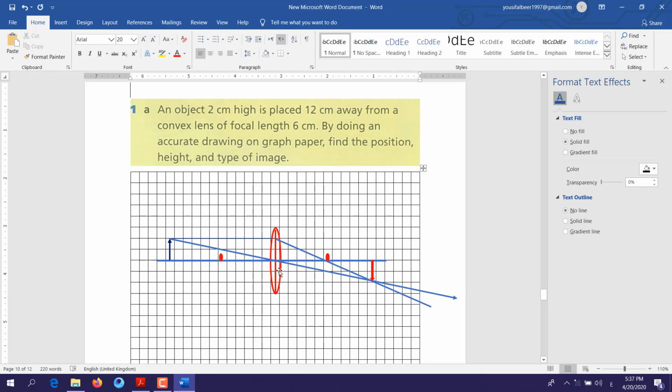Here you can find the position of it, and the height. You will count how many squares, and the type of image. You will say whether it is real or virtual, inverted or upright.